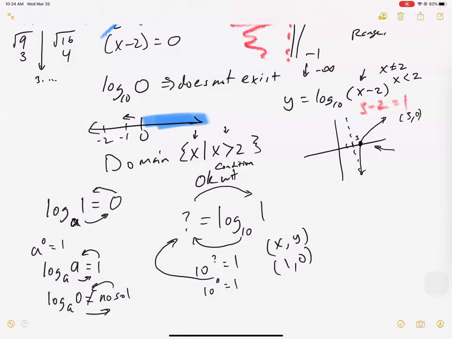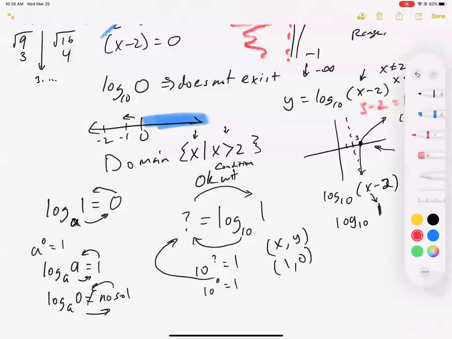So over here, when we wrote log base 10 of x minus 2, we asked, how could I get this to become log base 10 of 1? What x value could I use to plug in to get 1? And we said 3, 3 minus 2 is 1. And we know what that answer is.